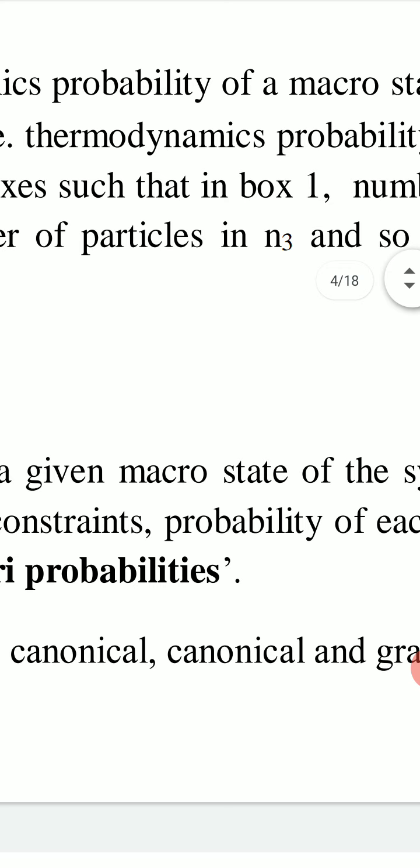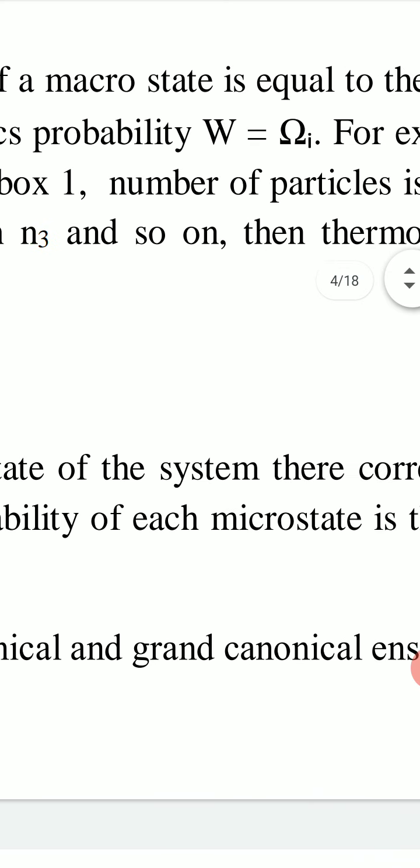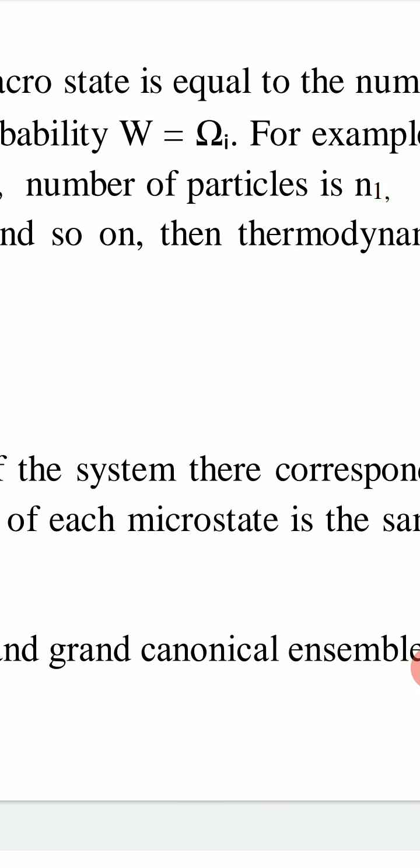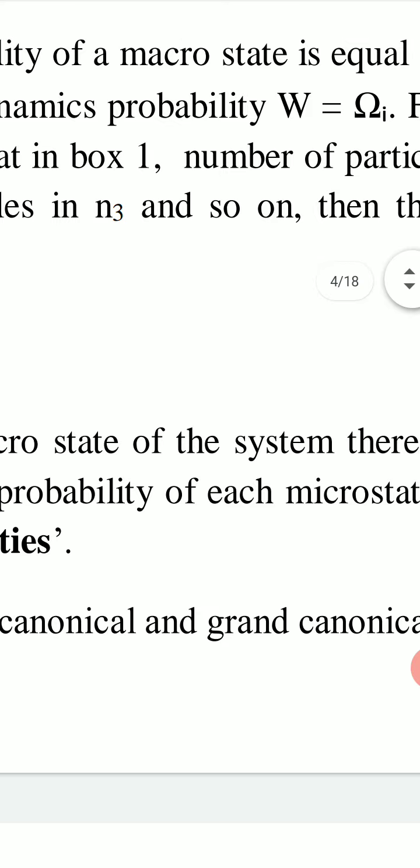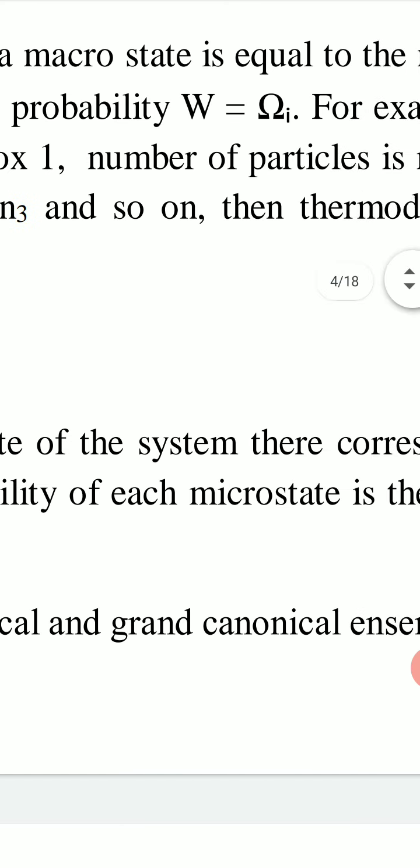That is, thermodynamic probability W is equal to omega I. We write thermodynamic probability by W, and it is equal to omega I, which is the number of microstates corresponding to a given macrostate.